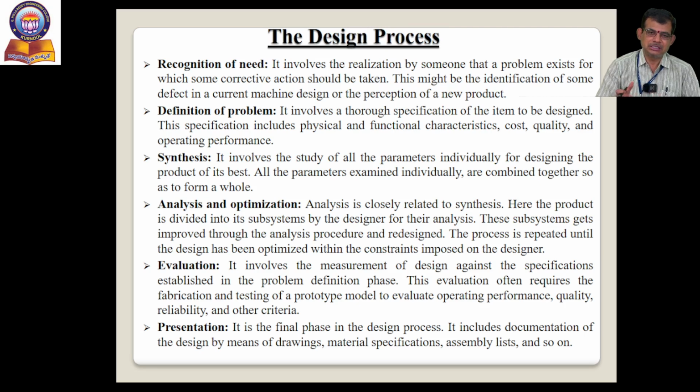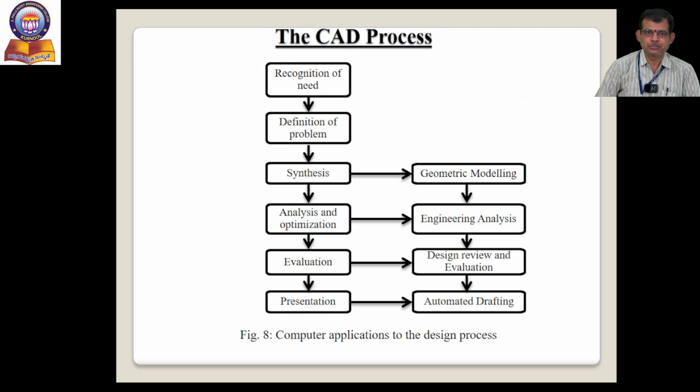So all these things are very clearly mentioned at the presentation stage. So this presentation is the input for the next level, that is the manufacturing department. So this is all about the conventional proposed design process.